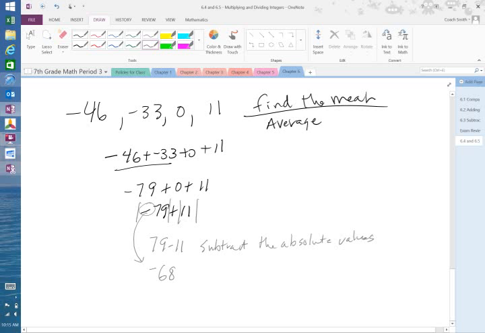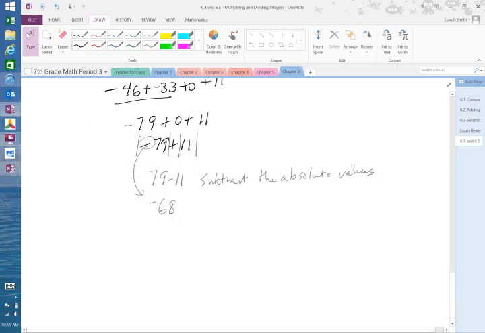Now, I'm not done, because I'm looking for the average. If I look at these numbers up here, there's no way that negative 68 could be the average of those numbers, because negative 68 is smaller than the smallest number I have up there. So what we have to do then is divide negative 68 by the number of numbers that I have, which is 4.